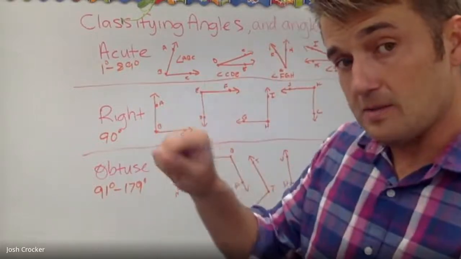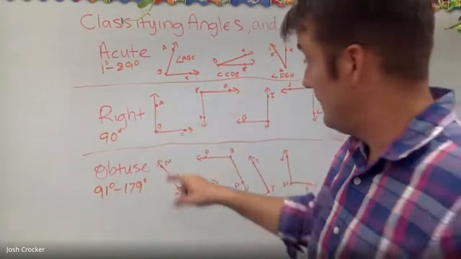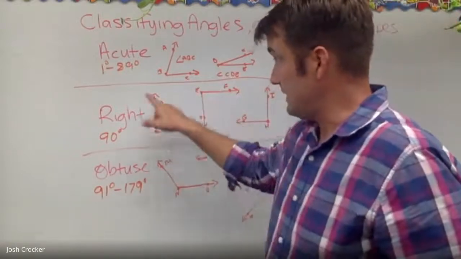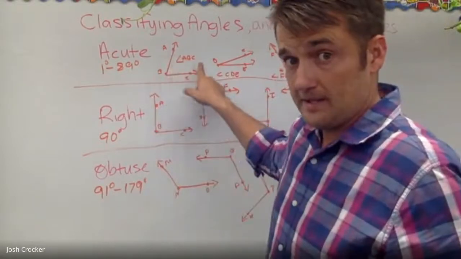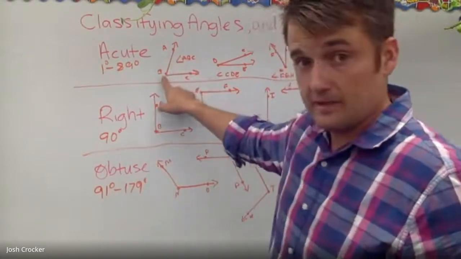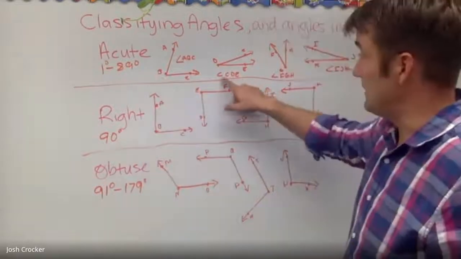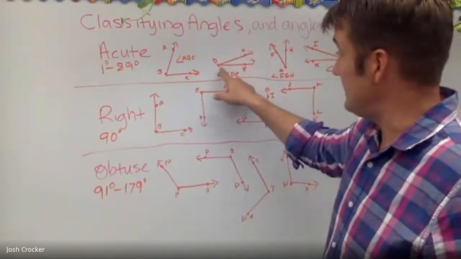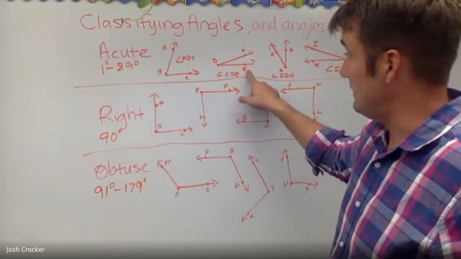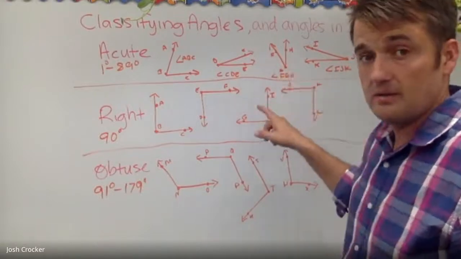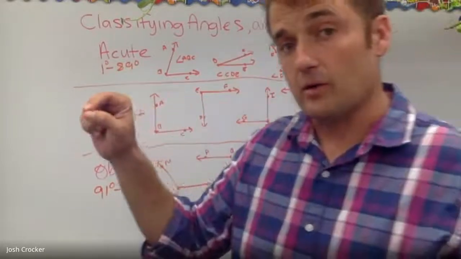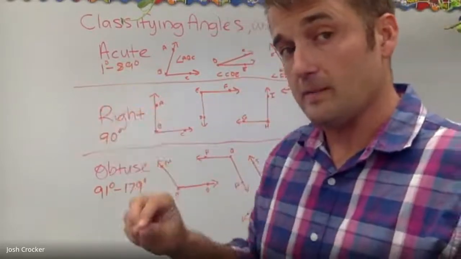And they'll always put the letter of the vertex in the middle of the name. So like this would be angle ABC. B is the vertex. Okay, this would be angle CDE. Okay, angle FGH. So they name them for the points that you find on them.